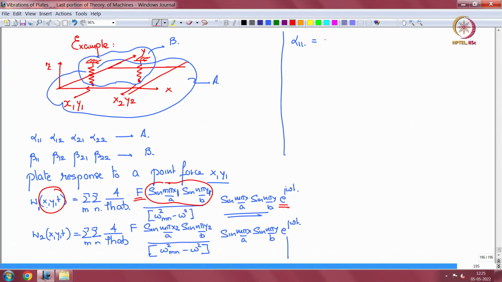So, we get summation over mn 4 by rho h a b, sin square m pi x1 by a sin square n pi y1 by b, divided by omega mn square minus omega square.